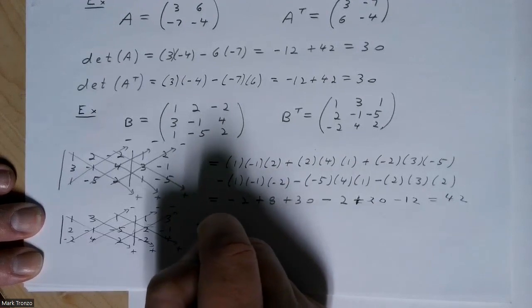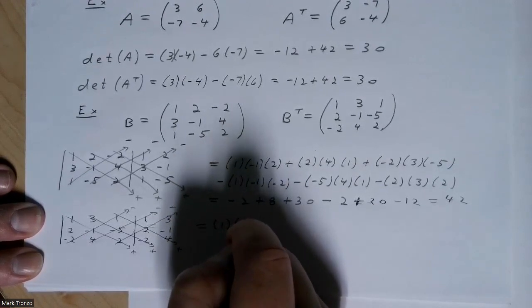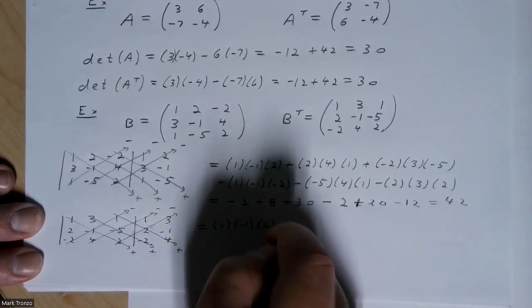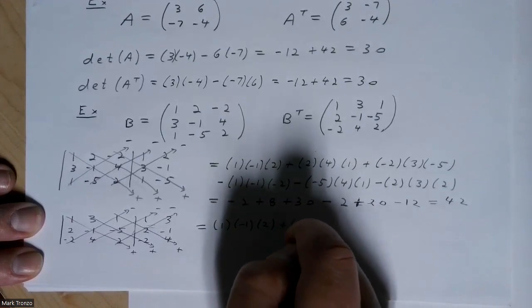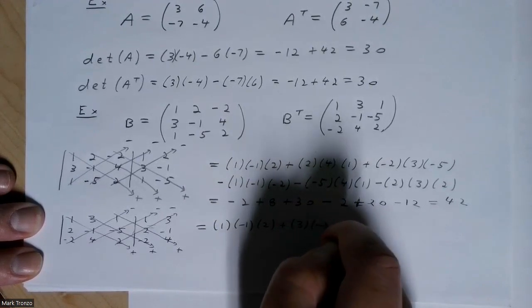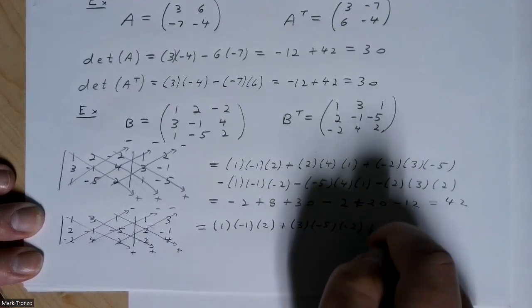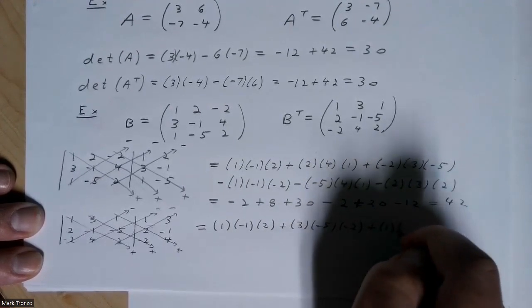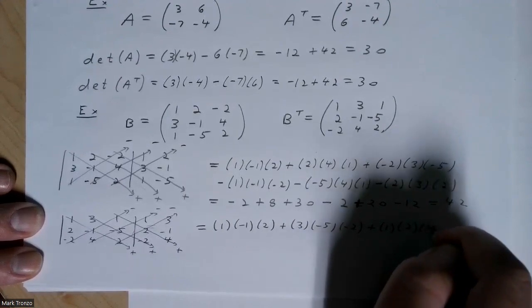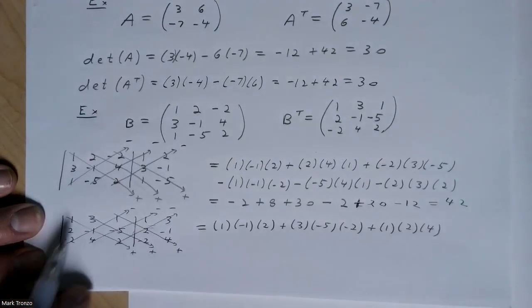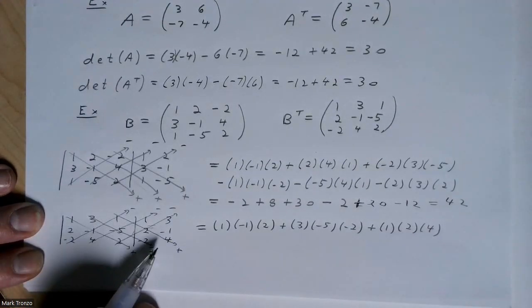This is going to give us 1 times minus 1 times 2 plus 3 times minus 5 minus 2 plus 1 times 2 times 4. Again, I was just going down those diagonals.